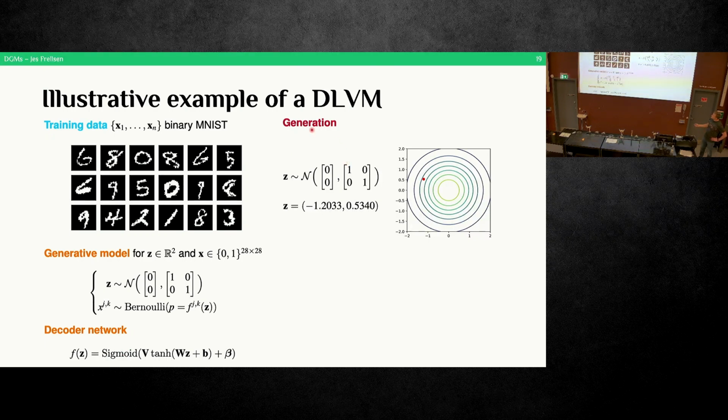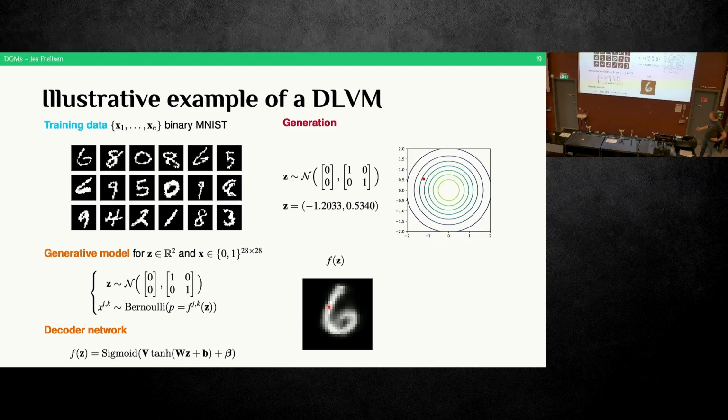So the way the generative process works is we could sample a set. In this case, I sample a set over here at minus 1.2 comma a half. Then I run it through the decoder, and this is what I get out of the decoder. This is a probability map. It says over here the probability of being white is 0, and in here we've pretty much got probability equal to 1 for being white, and in here it is probably 50-50 between black and white.